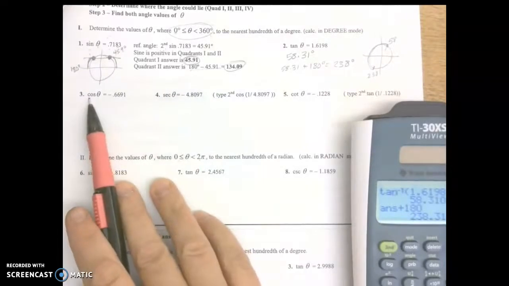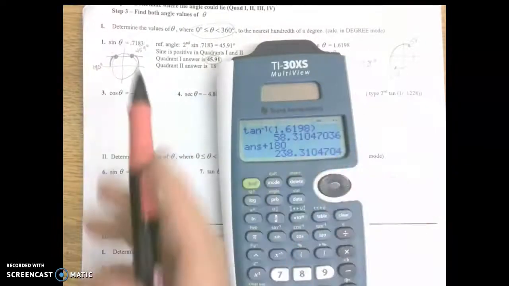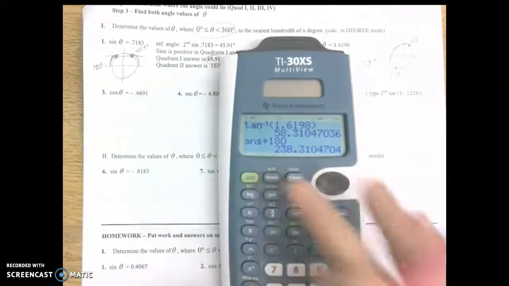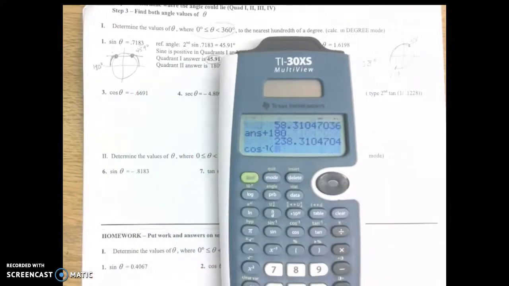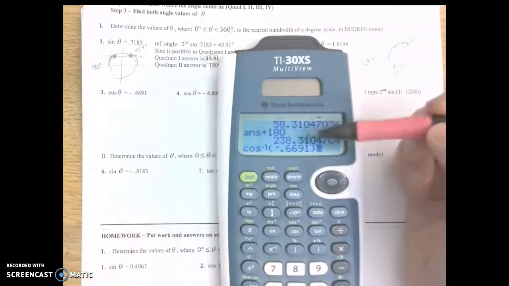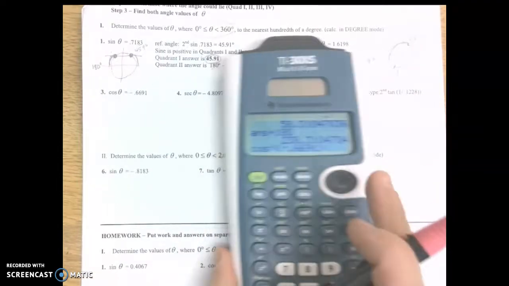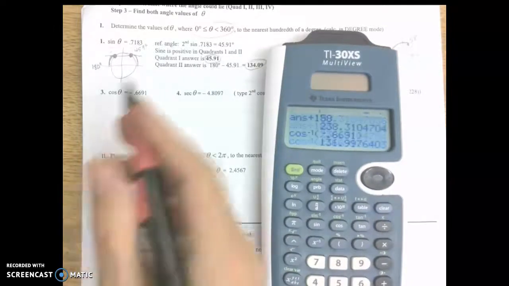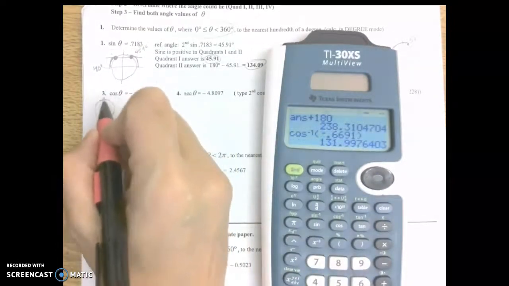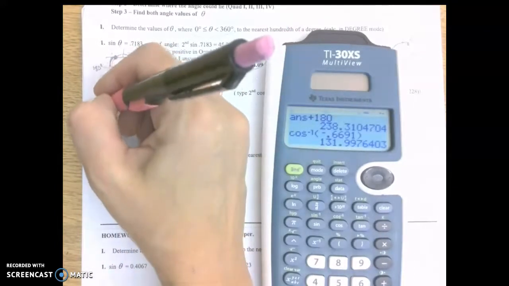Okay, so here's another one. Cosine of theta is negative 0.6691. So I'll do second cosine of negative 0.6691. I should verify that this is still within the domain of -1 to +1, in which it is. Okay, then press enter. Now recall that cosine is my x values, so this would be a negative 0.7.